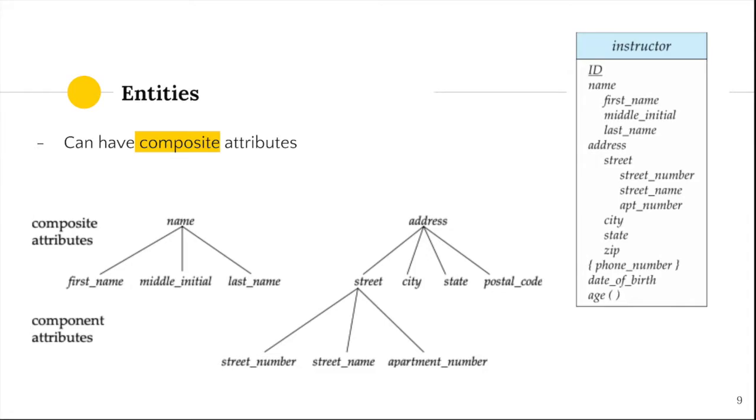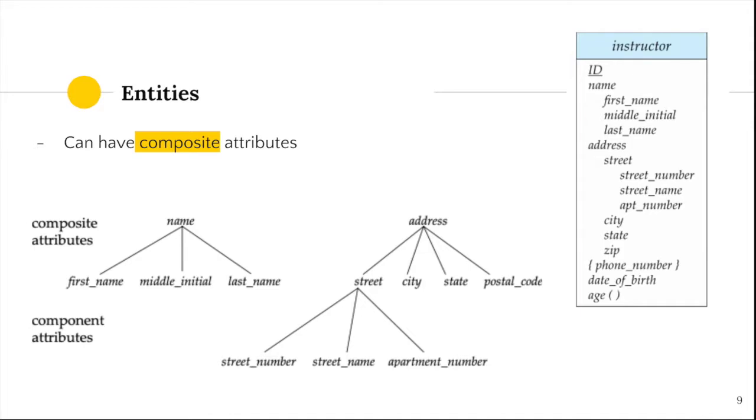Sometimes, the component attributes can be further decomposed into subcomponent attributes. We have an example here for the address, with the street, city, state, and postal code as the component attributes. However, the street can be further subdivided into subcomponents. So we have the street number, street name, and apartment number.